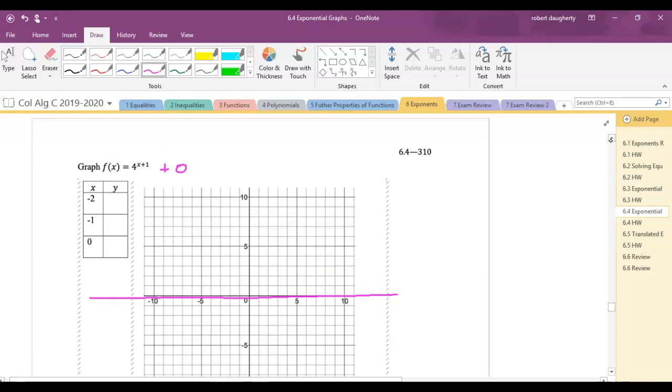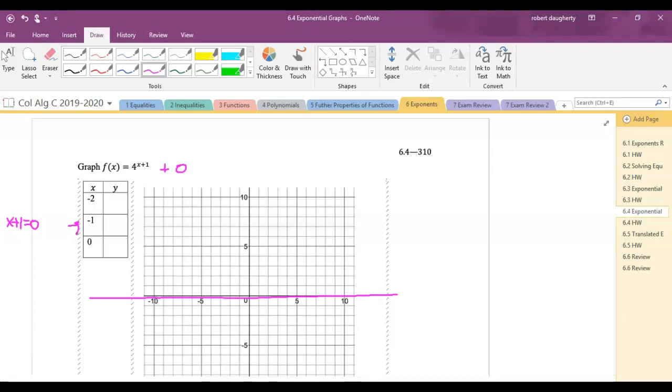To find these numbers, okay, if x plus 1 is equal to 0, what does x have to equal? If x plus 1 is 0, x has to be equal to negative 1. So that's how I get this negative 1 here. And then I pick the number on either side of it, okay? Negative 2 and 0. And that's going to give me these 3 points, okay?